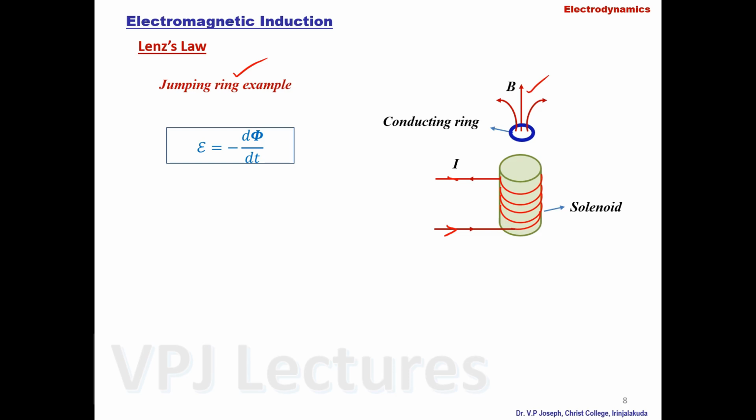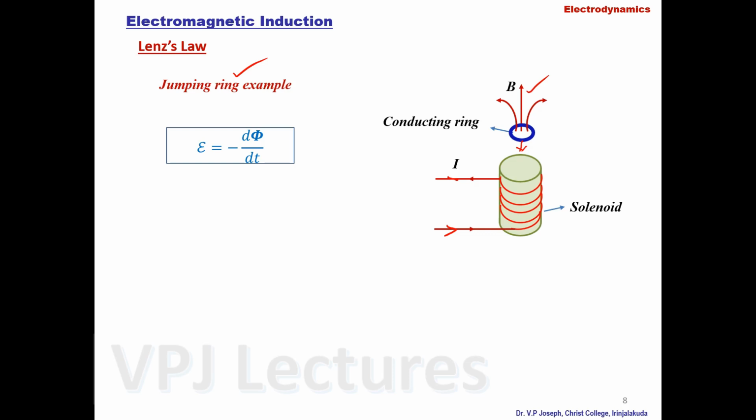During that process, the conducting ring produces a magnetic field in the opposite direction, or an EMF in order to produce a magnetic field in the opposite direction. So the magnetic field produced by the solenoid and the magnetic field produced by the conducting ring are in opposite directions.